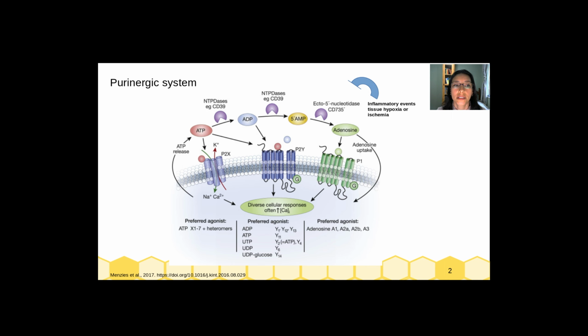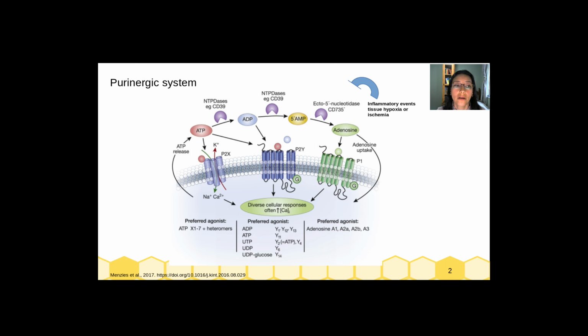The purinergic system is composed by extracellular nucleotides and nucleosides, the receptors, and the ectoenzymes that are responsible for their levels regulation. The ATP is mainly released from damaged, stressed, or infected cells.